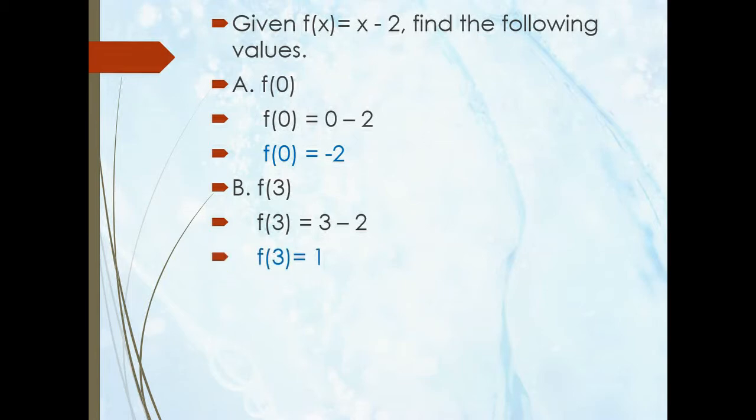Letter C. f of negative 1. f of negative 1 is equal to negative 1 minus 2. So that would be f of negative 1 is equal to negative 3. Letter D. f of pi. f of pi is equal to pi minus 2.